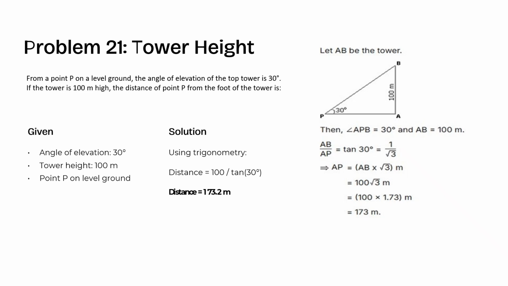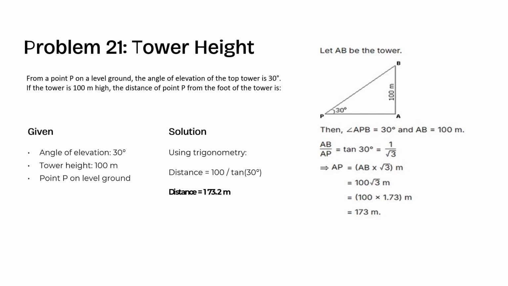We need to find the distance from point P to the tower. If you see this picture, the angle at P, 30 degrees, is given. The tower AB is 100 meters. We need to find this distance from A to P.